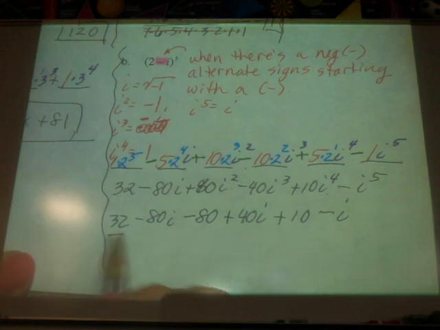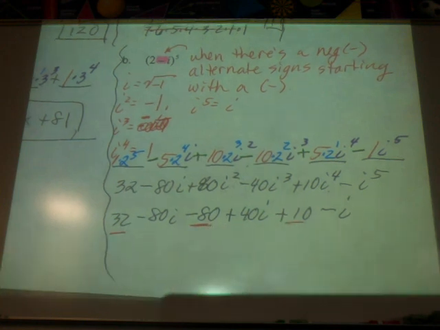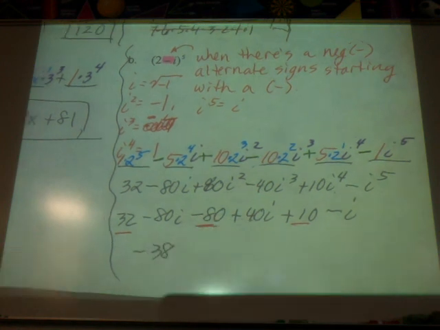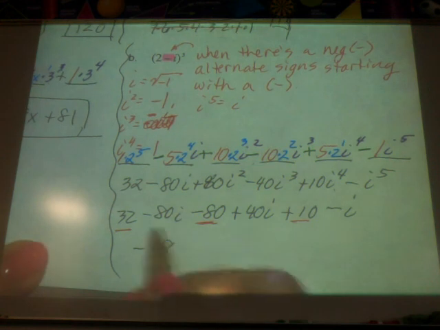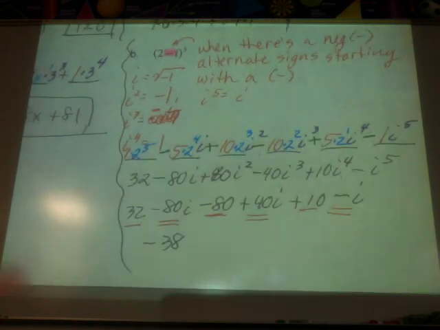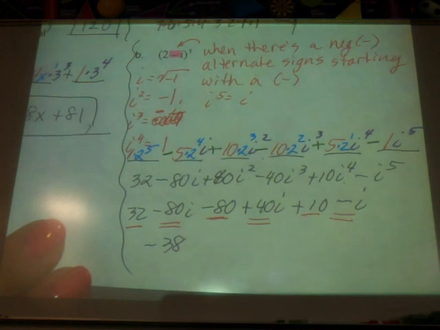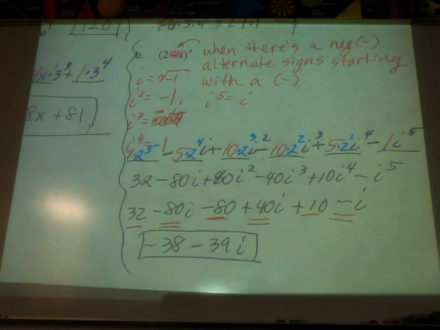We've got the 32, the 80, and the 10, and all of that combines to give you negative 38. And then we've got all these i's: negative 80i, positive 40i, and negative i gives us negative 39i. That's our final answer. So even though this one doesn't have a final answer of 6 terms, it's because the i's converted them.